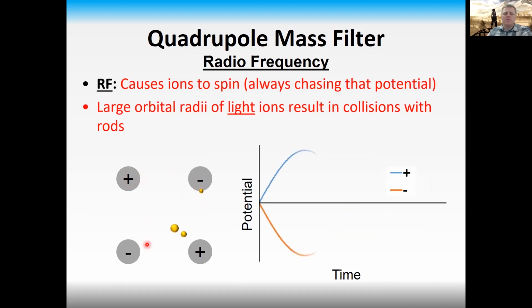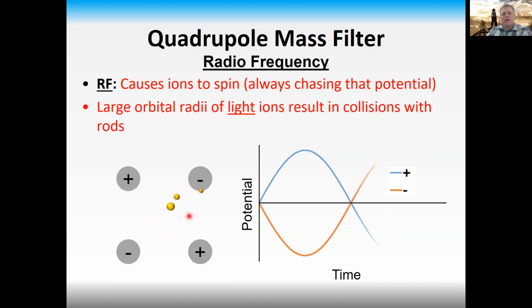And so these ions are always trying to get to the negative potential. The ions all circle at about the same rate, so the frequency they're spinning around here is about equal to the RF frequency we're applying on these poles.